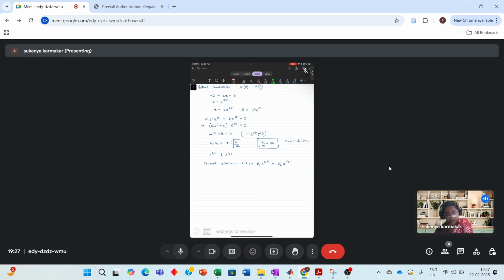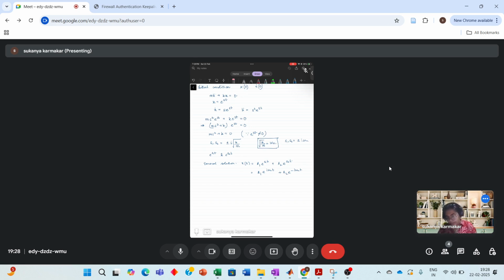This is what I'm substituting in this equation: a1 e to the power i omega n t, a2 e to the power minus i omega n t. Now these coefficients a1 and a2 can be calculated using the initial conditions in the problem. So I'll pick up a case and do that as well.